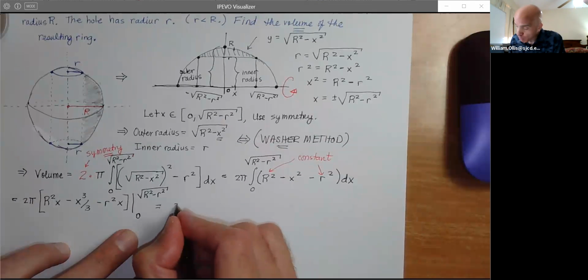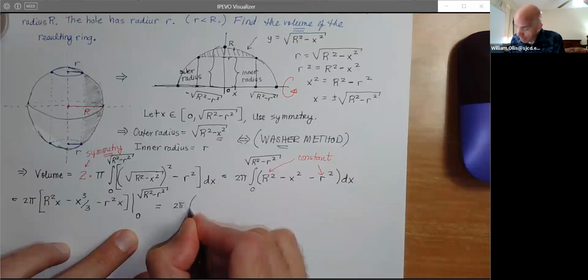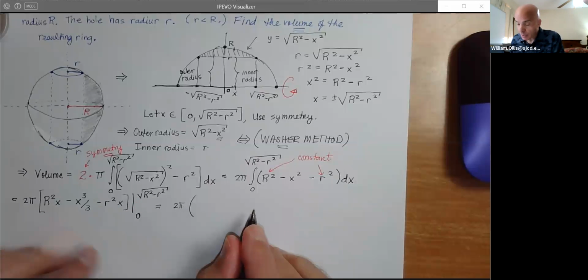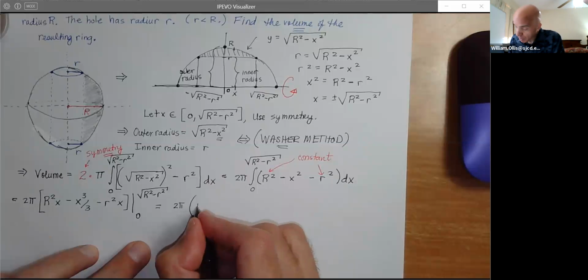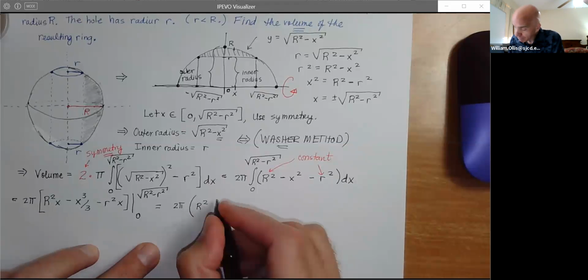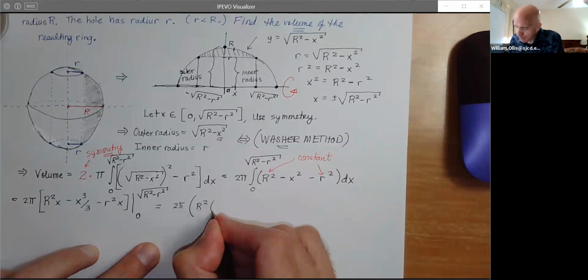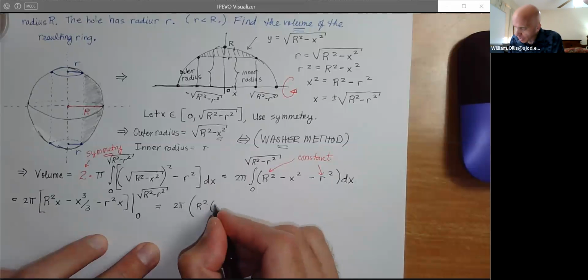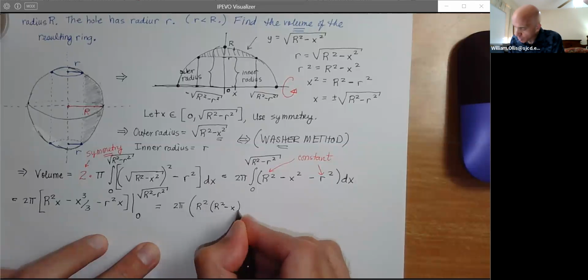So now we have 2 pi. So now we substitute the radical in for x. So this is going to be R squared. And as we have this, let's just go ahead and write this with the 1/2 power. It'll be a little bit easier to see at first, then we'll change it out.